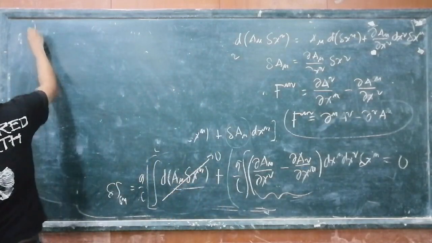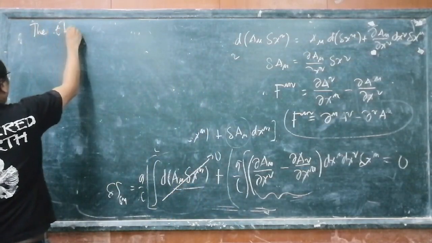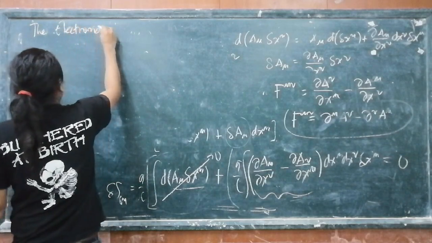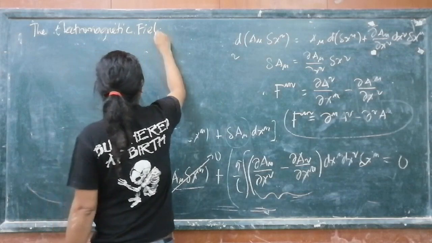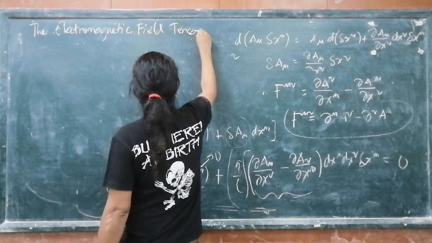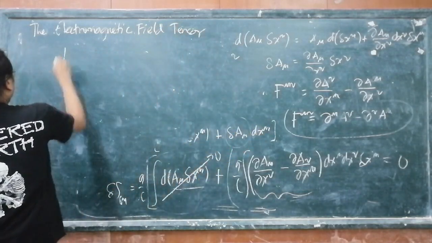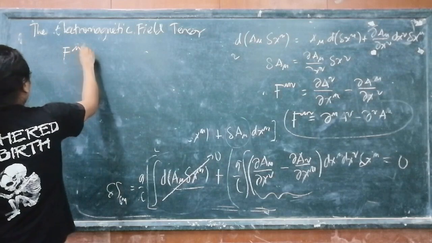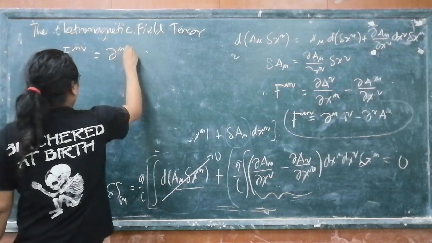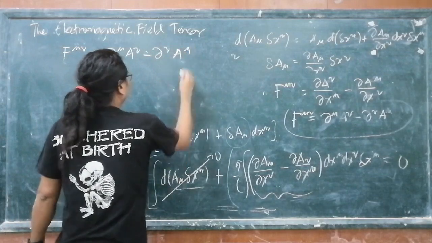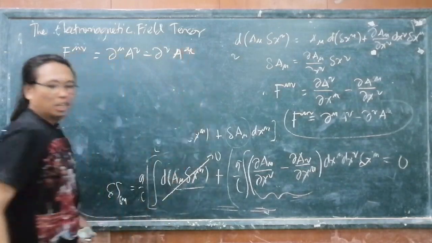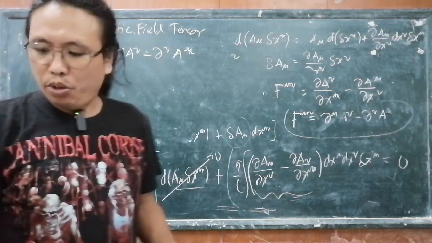So here, the electromagnetic field tensor is defined as F in contravariant form, F^{μν} = ∂^μ A^ν − ∂^ν A^μ. Now, of course, this is in contravariant form.